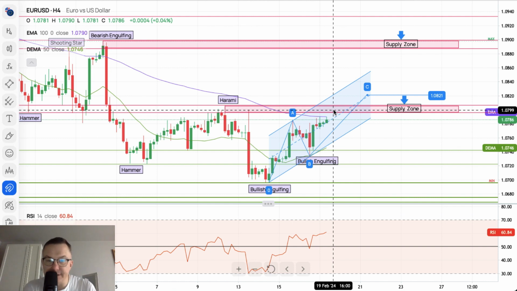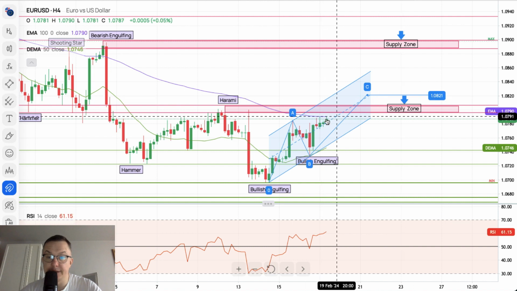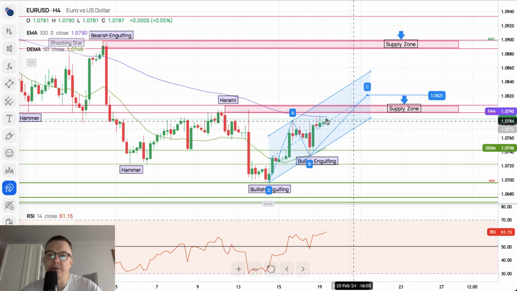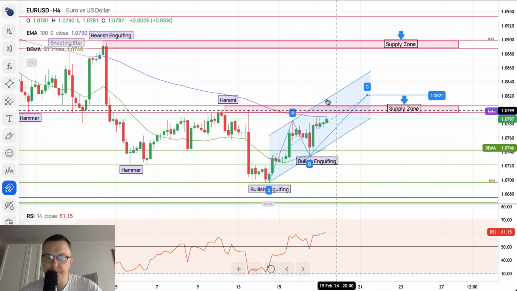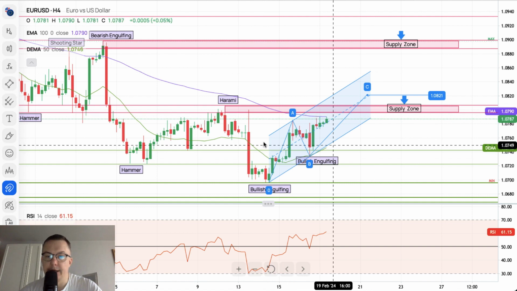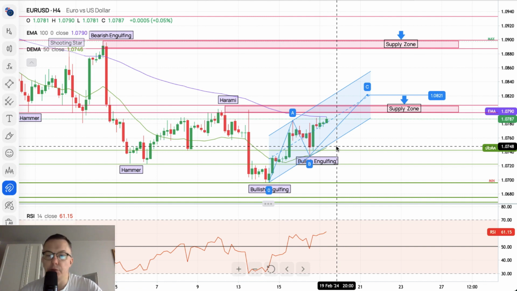However, if there is no such thing made by bulls, and if this movement is capped at the first supply zone, of course there will be some sort of pullback, maybe reversal. As long as we move inside of this blue channel, the outlook is still bullish. However, if we break out of the channel, the outlook would likely switch to more bearish.